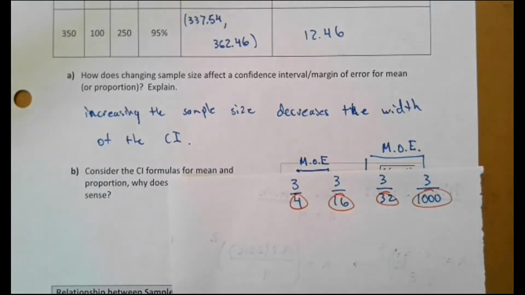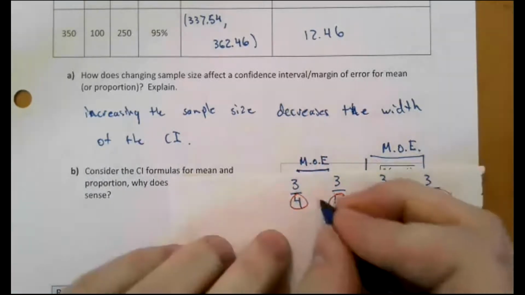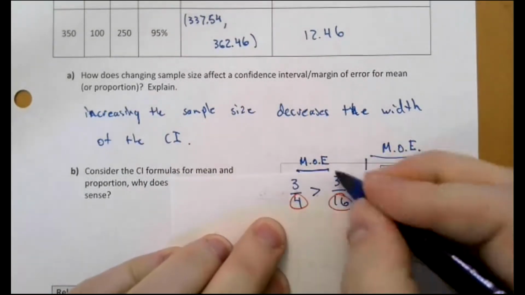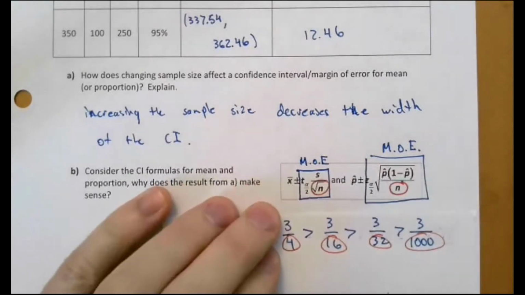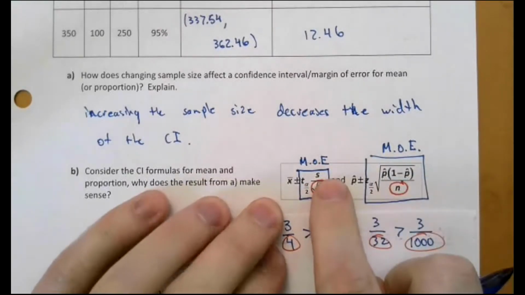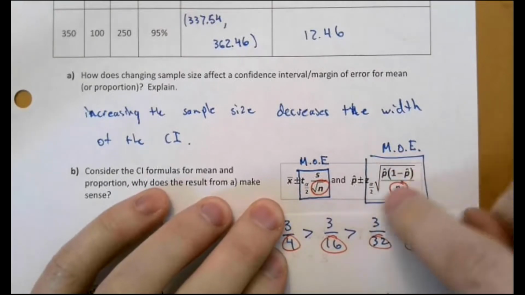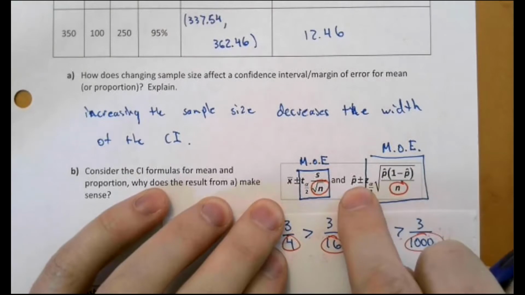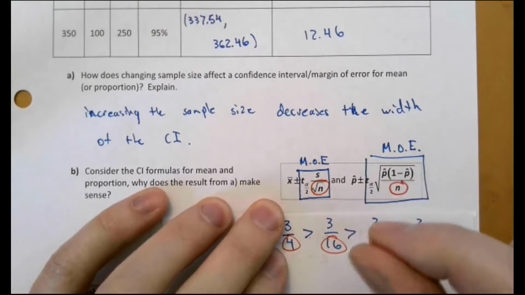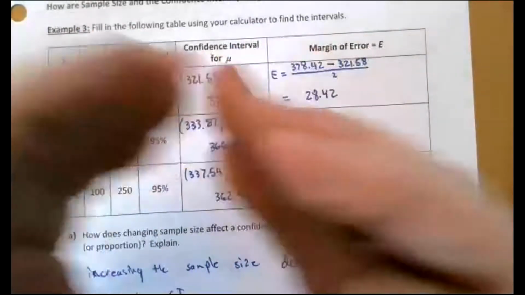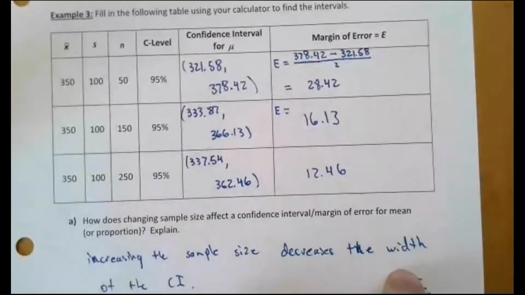Are they decreasing? Yep. So the entire number is getting smaller and smaller. So that's what's happening here. As we increase this sample size, the number that we're adding and subtracting from the point estimate is getting smaller and smaller. So it's causing the confidence interval to get closer and closer together. So it's decreasing that width.